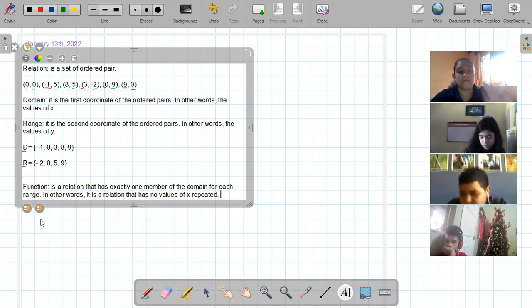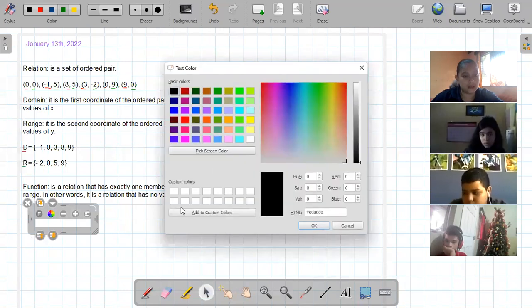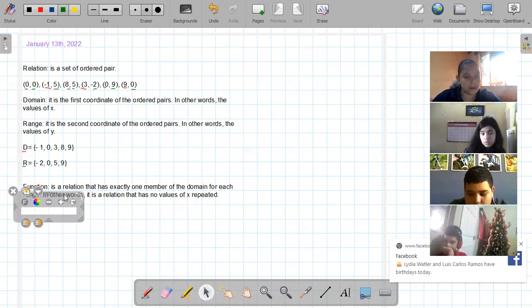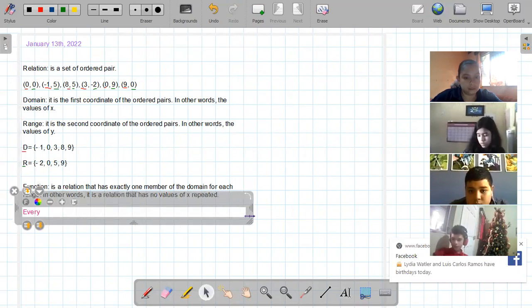So there is one phrase that I like to say for this topic itself. We're going to place it in that color so you can remember, this is like a big note. Every function is a relation.